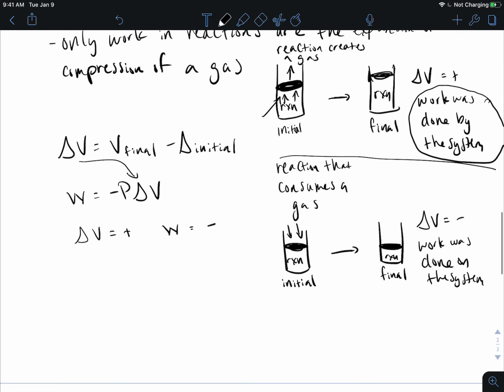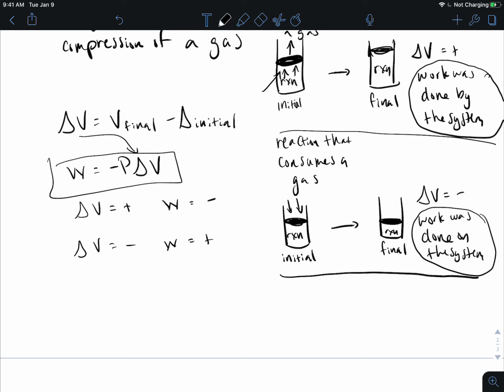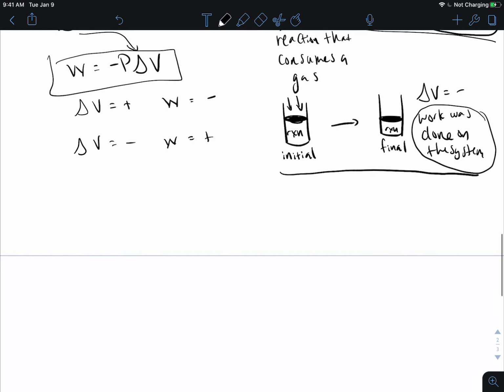If we have a delta V which is negative, work is going to be positive, which again makes sense because work was done on the system, so we've added energy. That's why there's this negative in this equation, to change the sign of delta V in order to get the correct sign for our work.